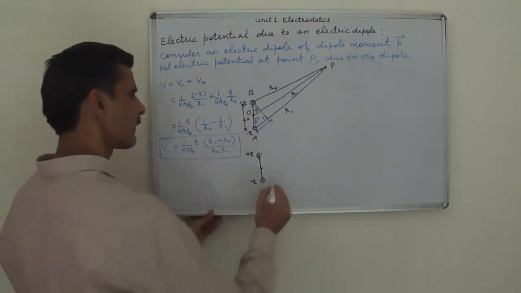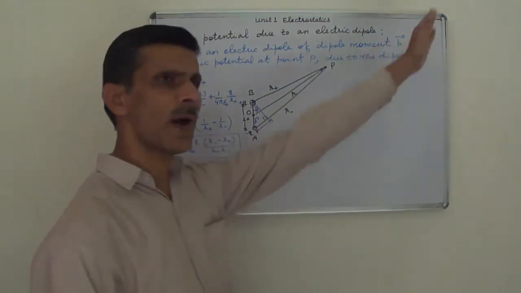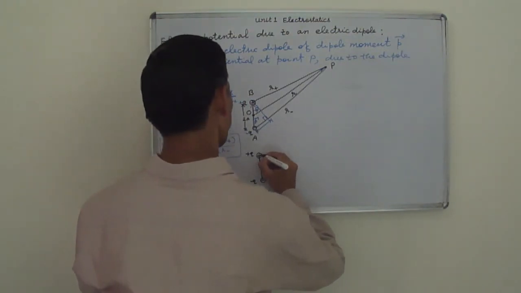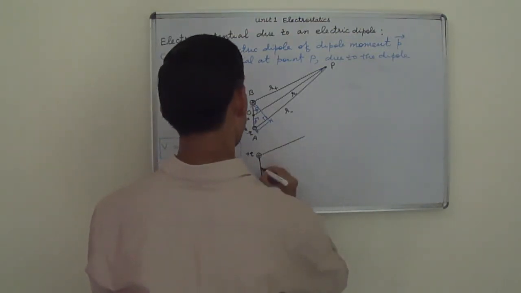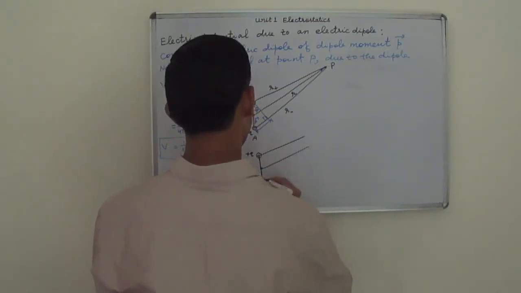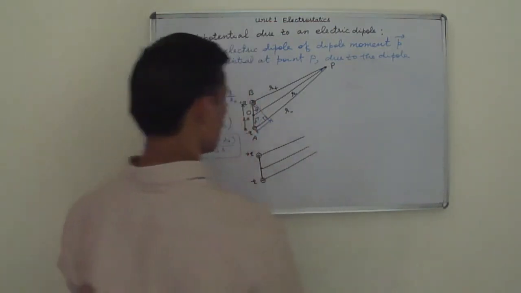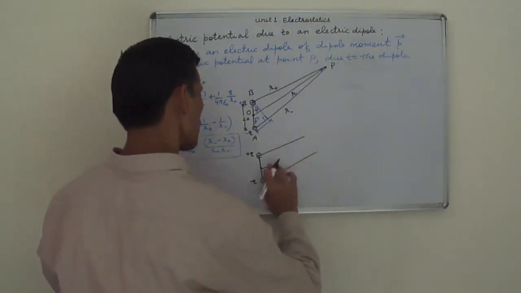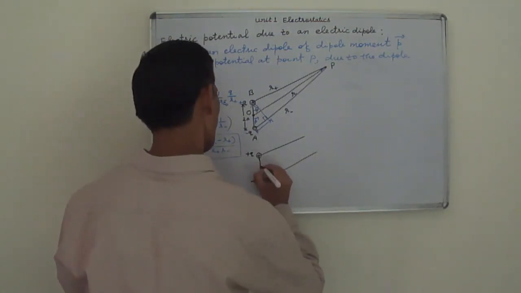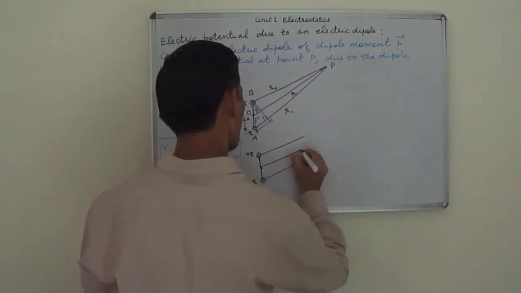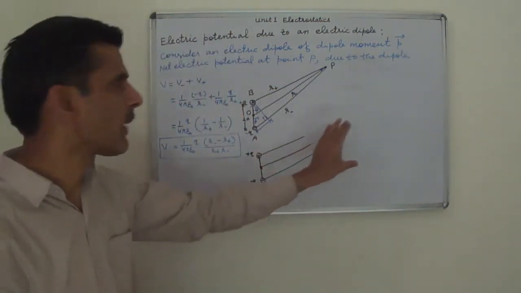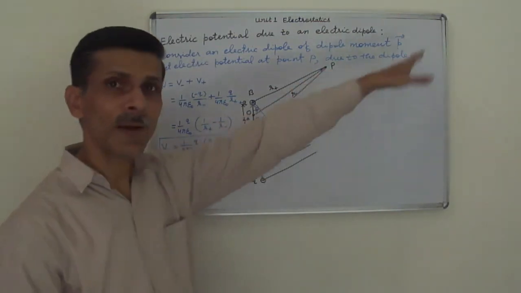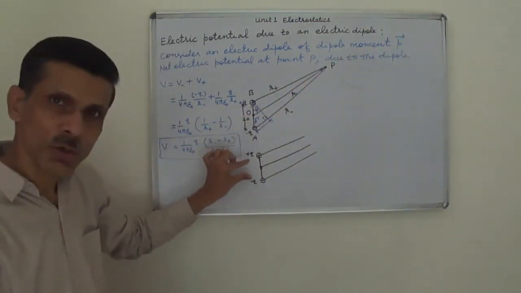It is the midpoint. If point is very far away, in that case, these three lines become parallel if point P is far away and dipole is short.